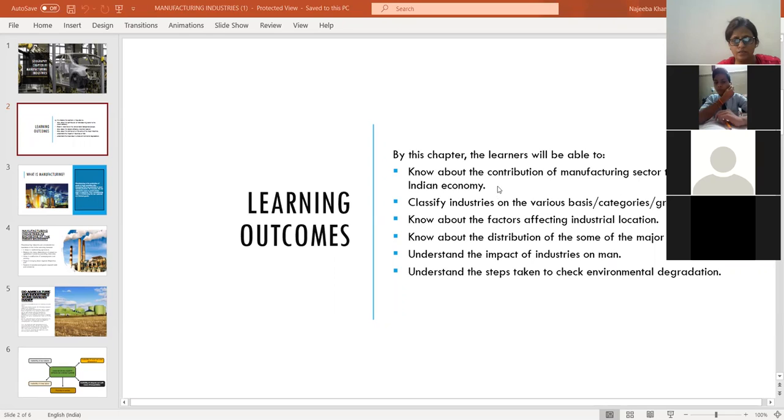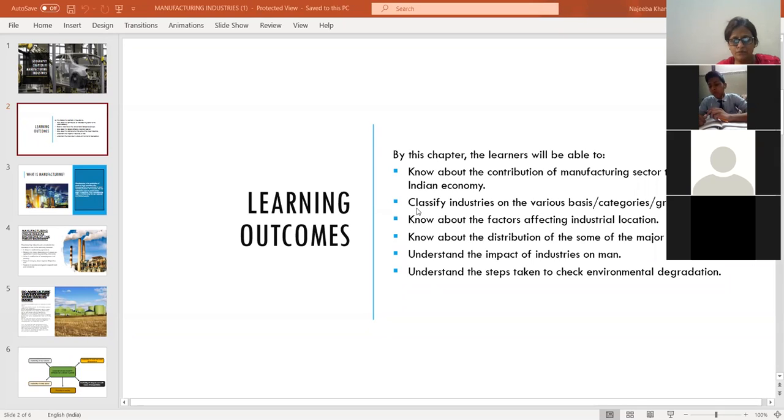First, we are going to understand how they are important to our economy. Industries are very important to any country. They are very important to the economy. In the same way, in our country, manufacturing industries or the manufacturing sector plays a very important role. It is called the backbone of our economy. So we will understand how it is called a backbone of the economy and how it is significant, right?